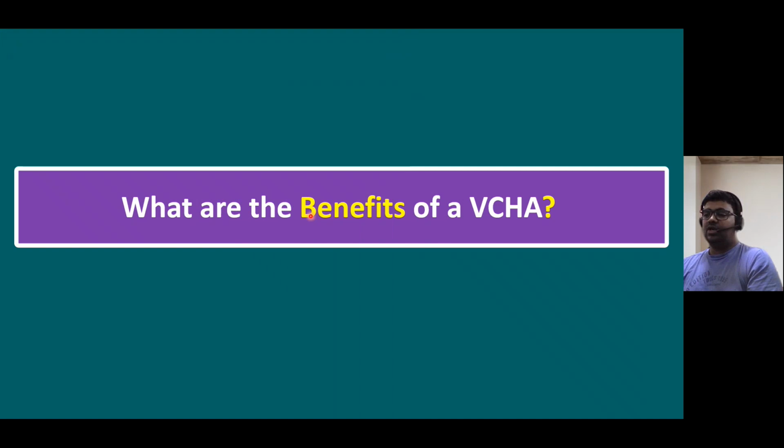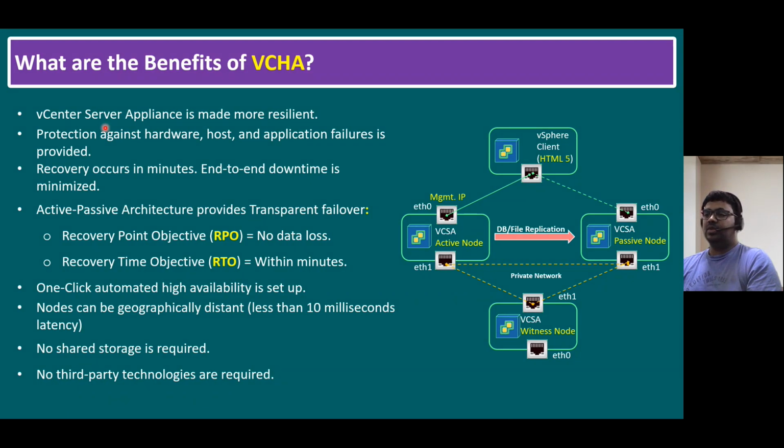Okay. Now, what are the benefits of vCenter HA? The vCenter HA has some key benefits. The vCenter appliance is made more resilient, protection against hardware, host, and application failures is provided, and recovery occurs with end-to-end downtime of minutes. Now, you can imagine if you plan for a restoration, instead of going for a single host vCenter restoration, this is the best practice to implement, VCHA, when you're using medium or large organization infrastructure sizes.